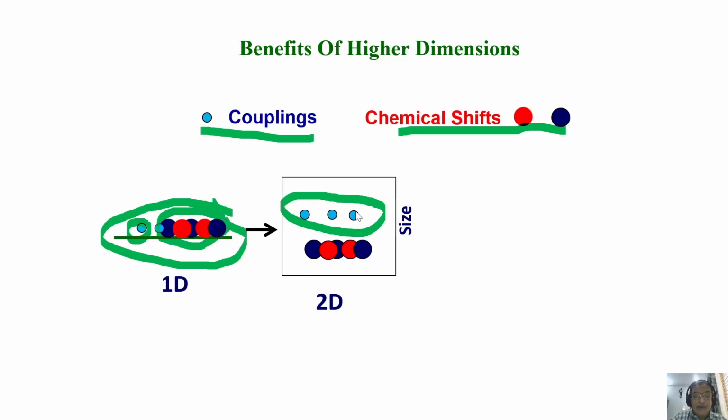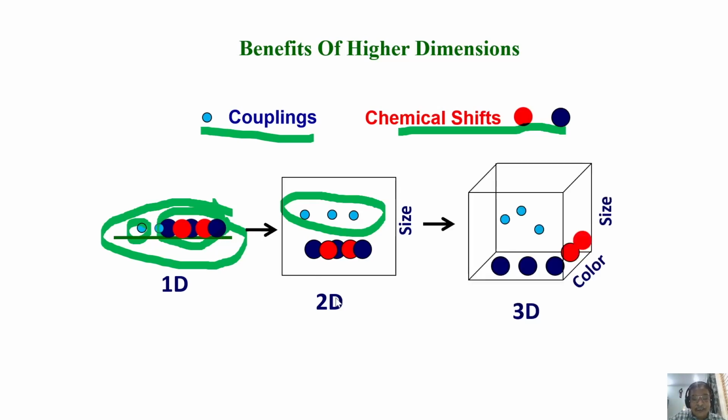Now, I can do one more thing. Why not separate out the different colors of the balls? Here I can put black in this direction and red in this direction. At the same time, I can pull out the different sizes of the small balls in this dimension.